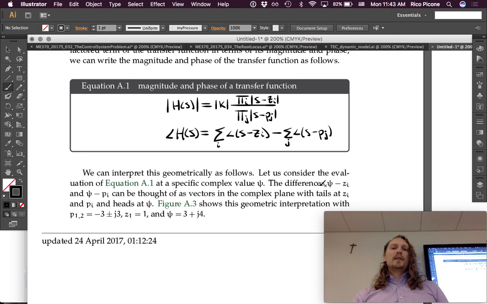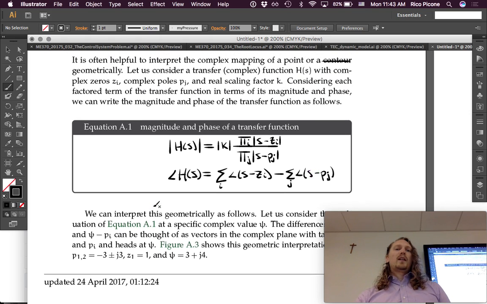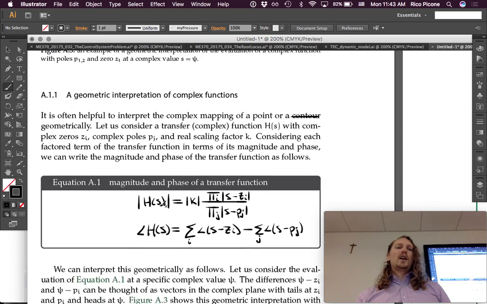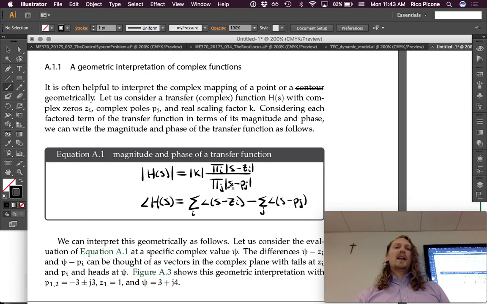The difference, psi minus zi and psi minus pi, can be thought of as vectors in the complex plane with tails at zi and pi and heads at psi, okay? All of these terms have s minus zi and s minus pi in them.